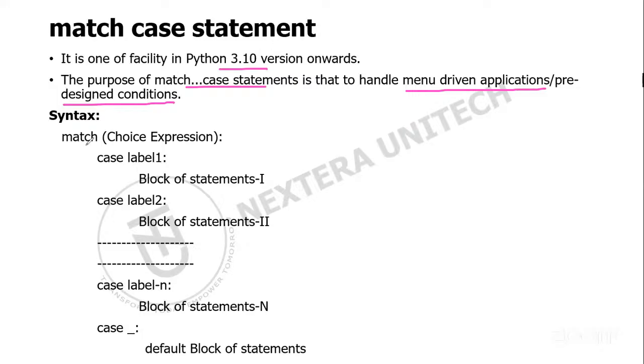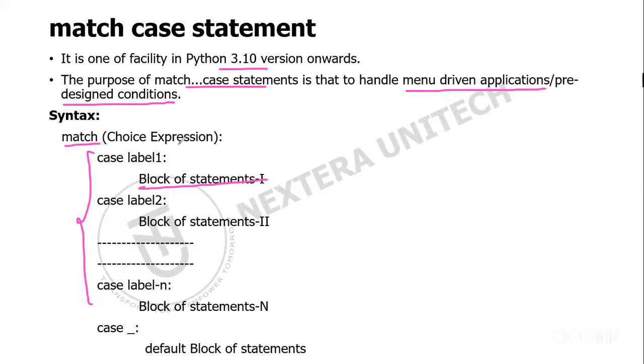Match keyword followed by choice expression. We'll keep the expression here. Then colon. I'll keep each and every case. Different cases. I can have n number of cases. Case is again a keyword. Along with the case will come the label. If this label one is matching with the expression, then the block of statements 1 gets executed.